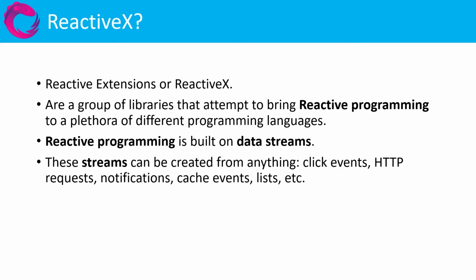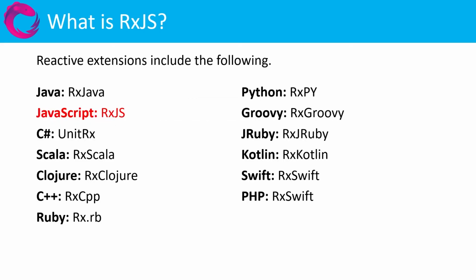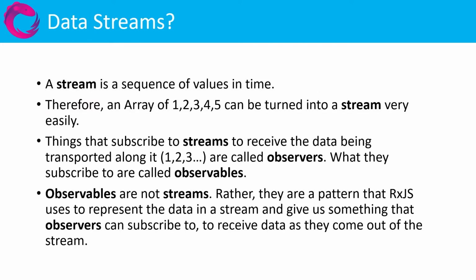So that's why all those things are listed as things that can be turned into streams, although they aren't streams in themselves. And here are the different ReactiveX libraries available for the various languages. As you can see, we're going to be using RxJS for JavaScript for this tutorial, because JavaScript is the most popular programming language, and it has been for some time.